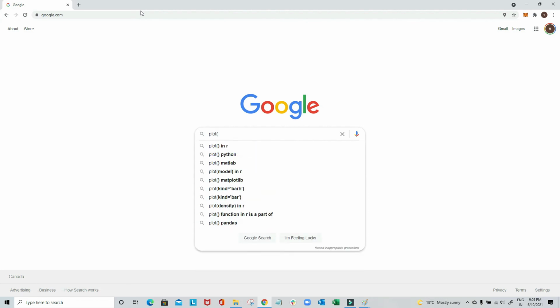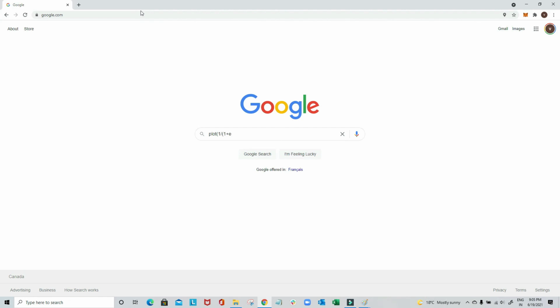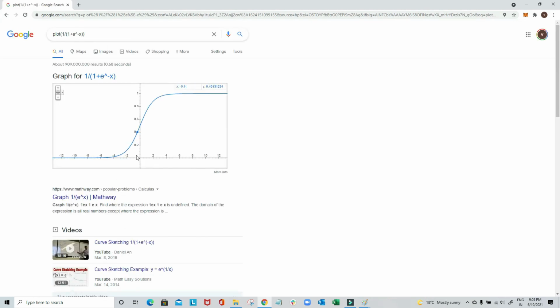Plot 1 by 1 plus e power minus x. As you can see, when x becomes large, my y value just tapers off.